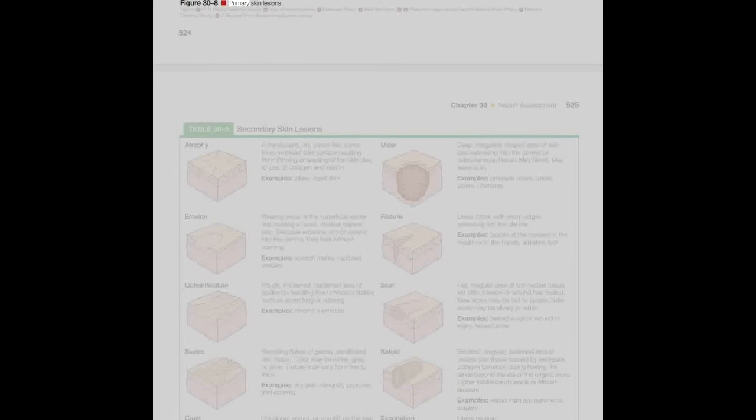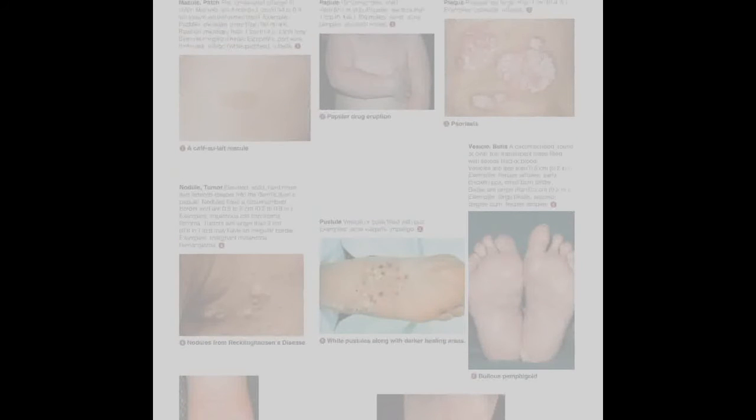Figure 30-8, Primary Skin Lesions. Macule, patch: flat, unelevated change in color.